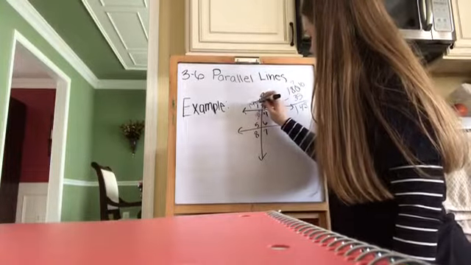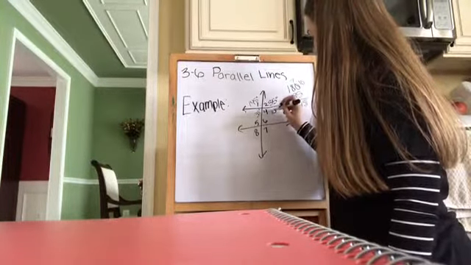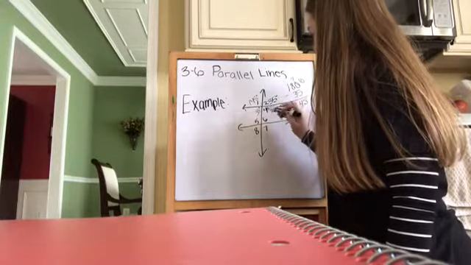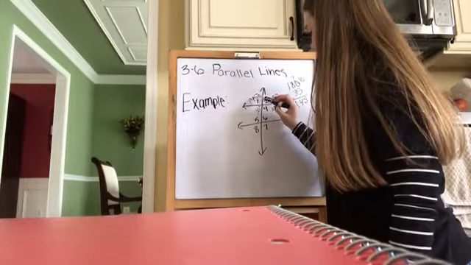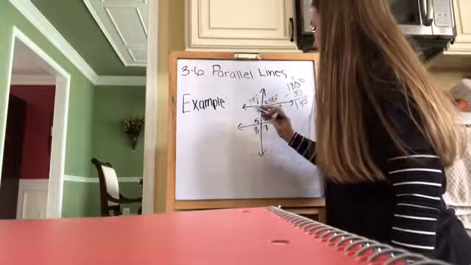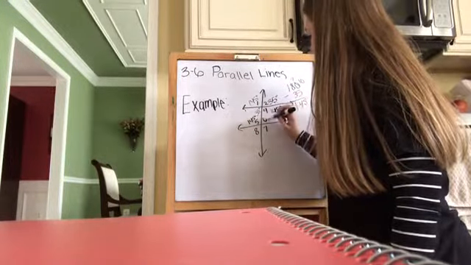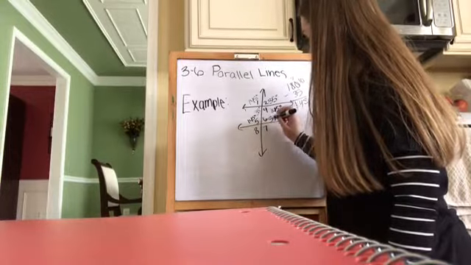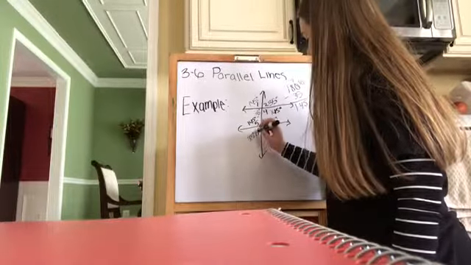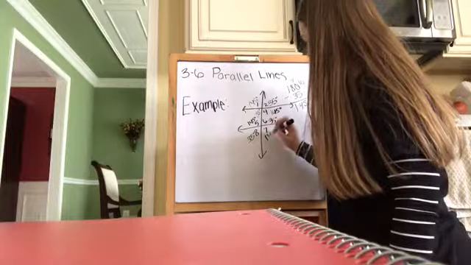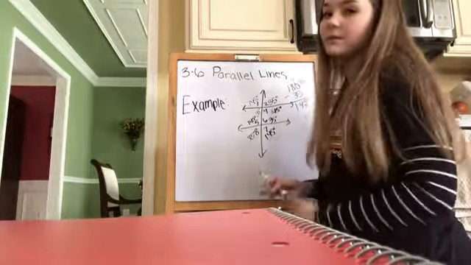So we know this angle is 145 degrees, so this vertical angle has to be 145 degrees. And then for corresponding angles, angle 1 has to equal angle 5, so this equals 145, and corresponding angles, 35, vertical angles, 35, and vertical angles, 145 degrees. So that's how we find out all the measures.